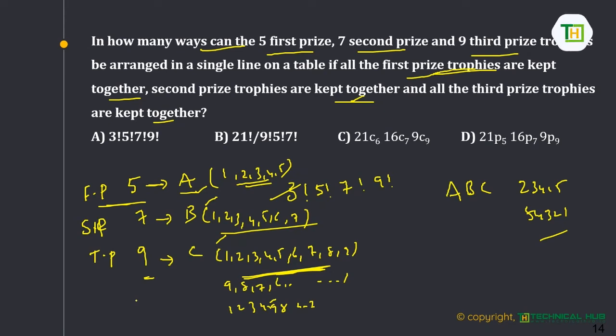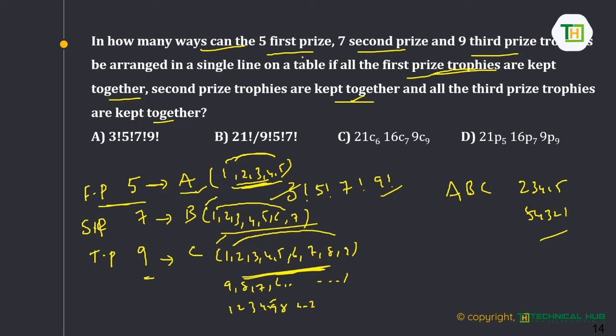Here 5 first prizes are there, which means 5 factorial ways are possible. Again, how many ways can you arrange these first prizes among themselves? 5 factorial. These second prizes among themselves, 7 factorial. And similarly, the third prizes are 9, so how many ways can you arrange these third prizes? 9 factorial. So 3 factorial into 5 factorial, 7 factorial and 9 factorial. Okay.